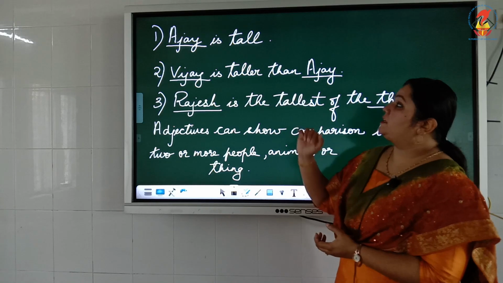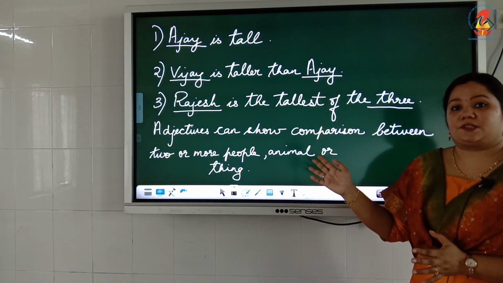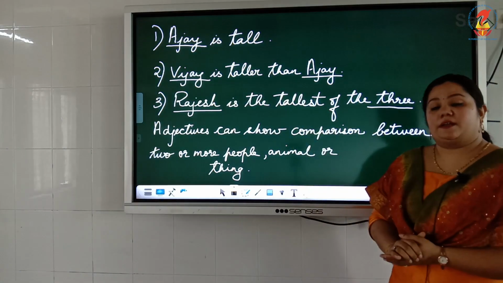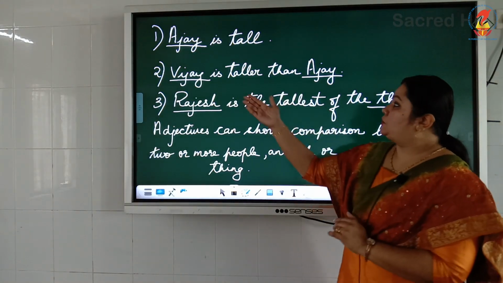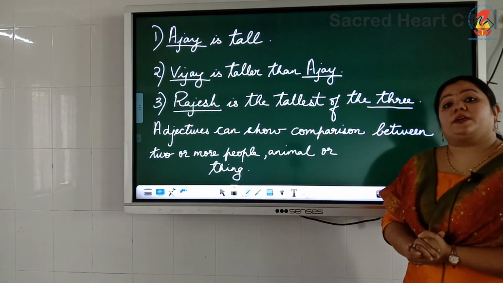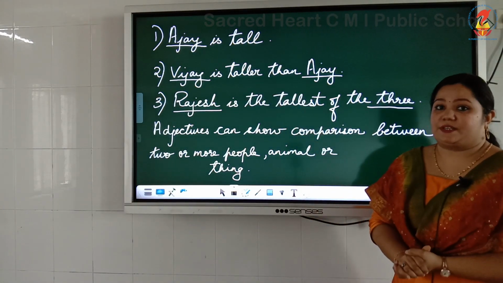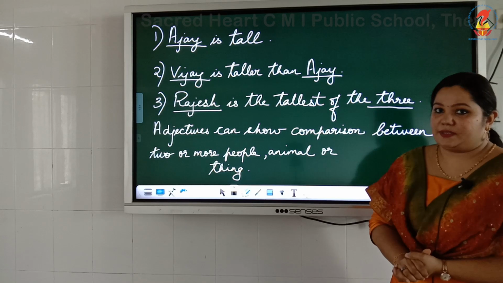So in the first sentence we have no comparison. The second sentence we are comparing two boys, right? So when comparison is made between two boys, we say that that particular sentence is in the comparative degree of comparison. Okay?